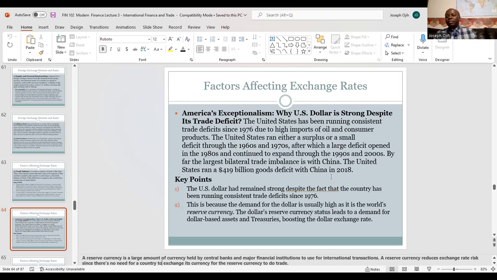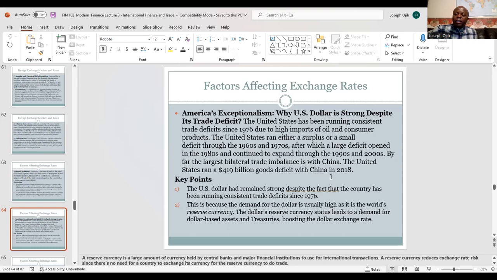These are in high demand because, like I explained in my previous lectures, the United States has never defaulted on its debt, and assets can be secured in the US. It is one of the safest places to make an investment. As a matter of fact, the safest. So the assets that are denominated in dollars are in very high demand.